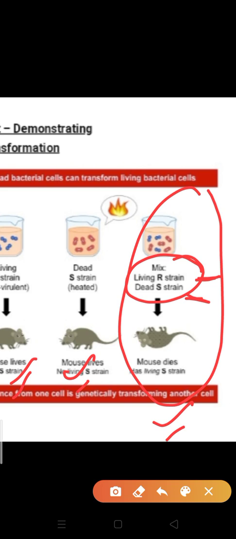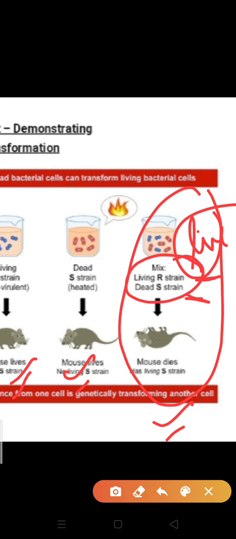So after this he concluded that the R strain bacteria had somehow been transformed by the heat-killed S strain bacteria. Means R is live, so R is not having any kind of content. But S is S. Which one? Heat-killed S strain bacteria is having something which transformed the R strain also.